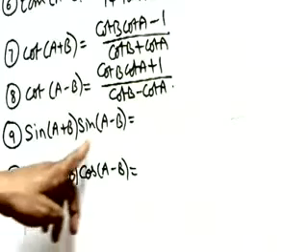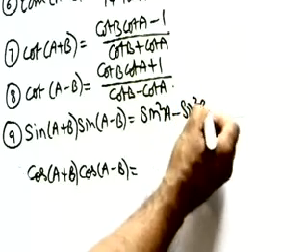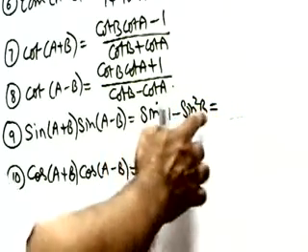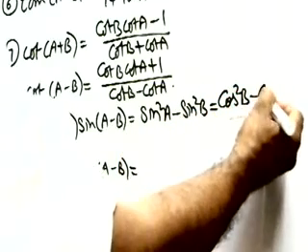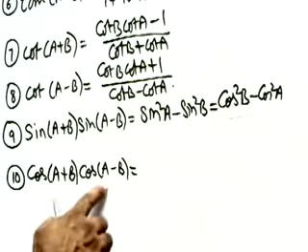The formula is sin square A minus sin square B. One more formula is there, the same in terms of cos, but when we write cos, we have to write B first: cos square B minus cos square A. So sin A plus B into sin A minus B is sin square A minus sin square B, or cos square B minus cos square A.